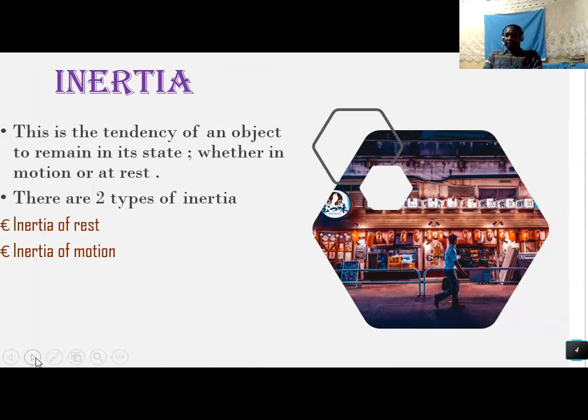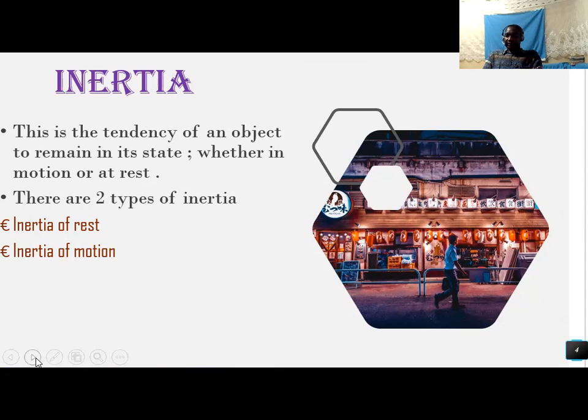There are two types of inertia, namely inertia of rest and inertia of motion. Inertia of rest is where objects are not moving and they do not move when motion is started. They tend to remain at rest even if they are moved.